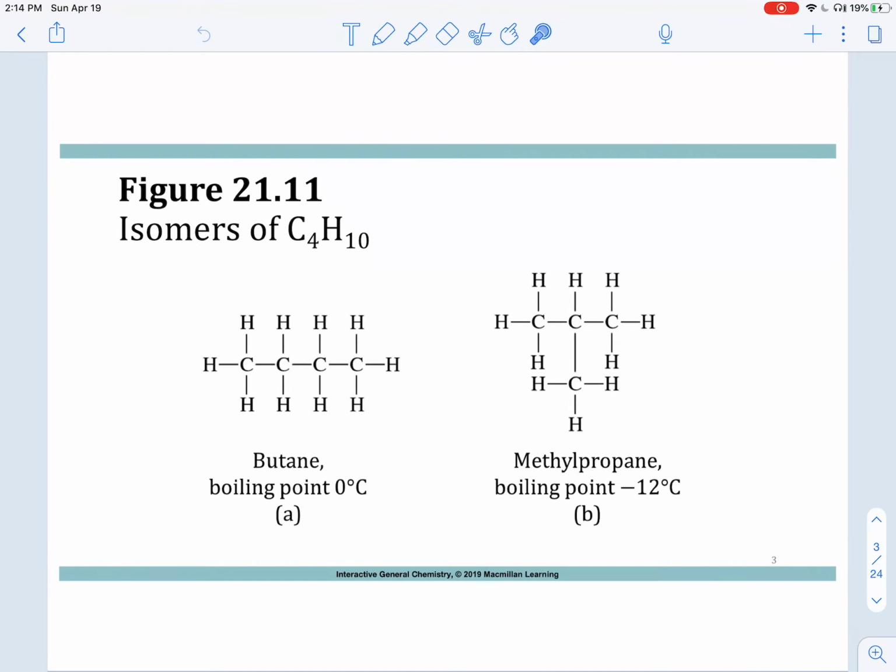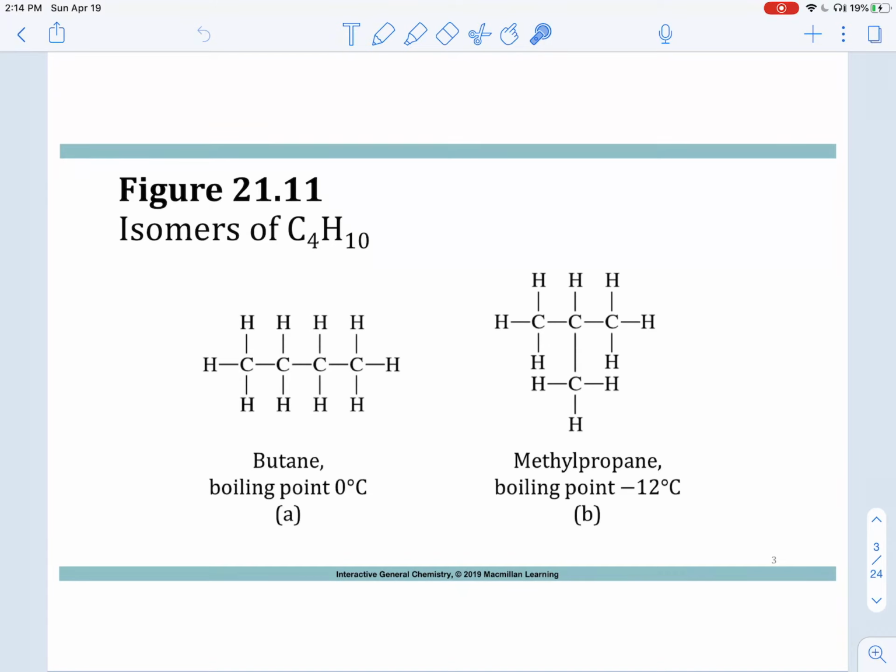We have butane down here, there's the straight chain, and then we have methylpropane. So notice if you count these up, 1, 2, 3, 4, 5, 6, 7, 8, 9, 10, and 1, 2, 3, 4, 5, 6, 7, 8, 9, 10. So yes, indeed, there are 10 hydrogens on either one of these compounds.